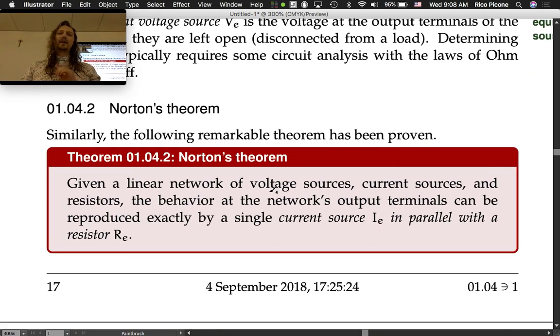Norton's theorem: given a linear network of voltage sources, current sources, and resistors, so same starting point, the behavior at the network's output terminals can be reproduced exactly by a single current source, so current source this time instead of voltage source, in parallel, so that's different, with a resistor RE. So, slightly different, current and parallel instead of voltage and series, but very similar.